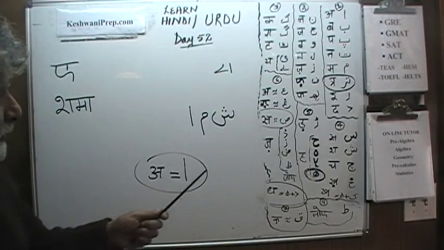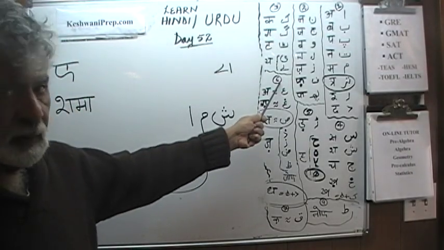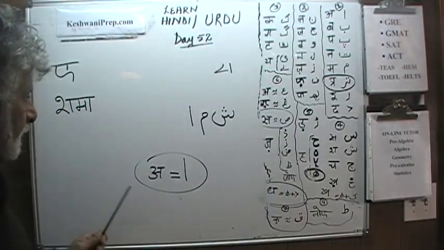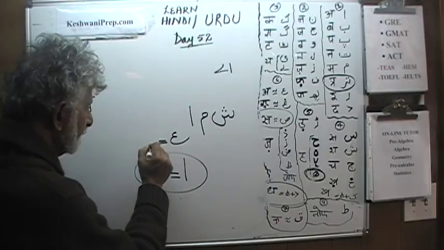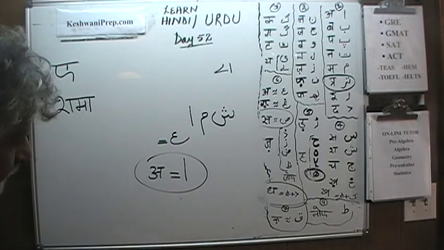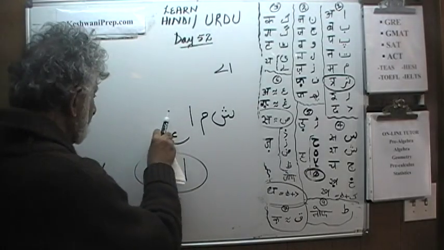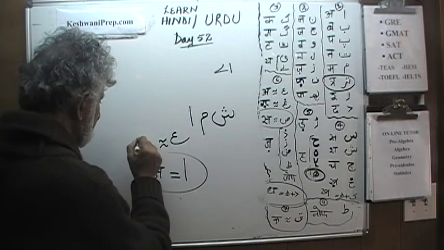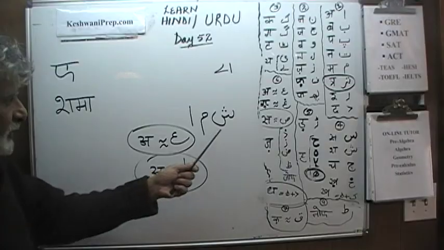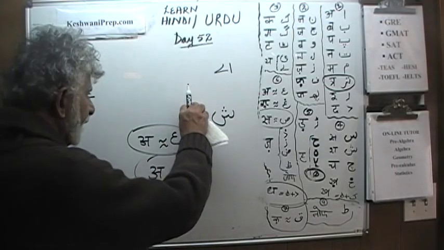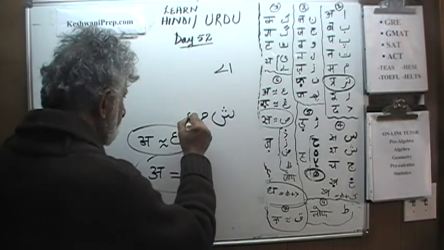And then we have another one which is called ain. We learned it on day number 6. Ain. Looks like this. I shouldn't put an equal sign because it's not equal to; it's approximately equal to your a. That's what we need here. Shama does not end with an alif, it ends with an ain. Shama.